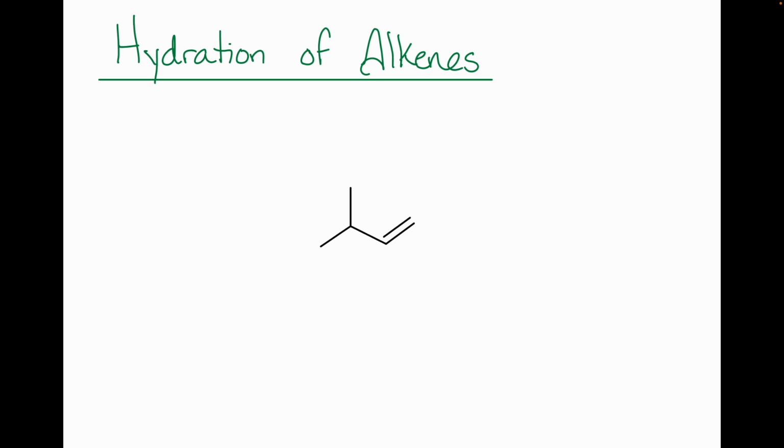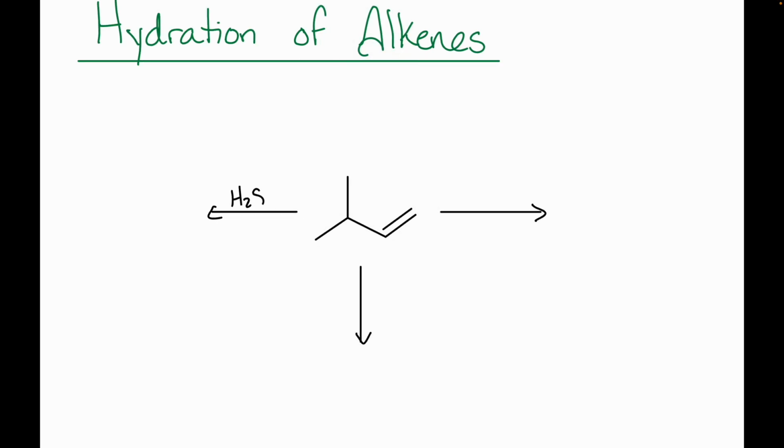All right, we're going to take an alkene and we're going to make a little reaction wheel using our three hydration reagents here. Okay, we'll take our sulfuric acid solution.